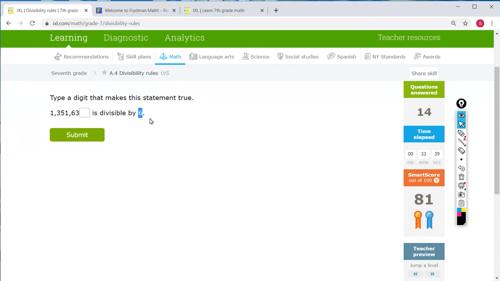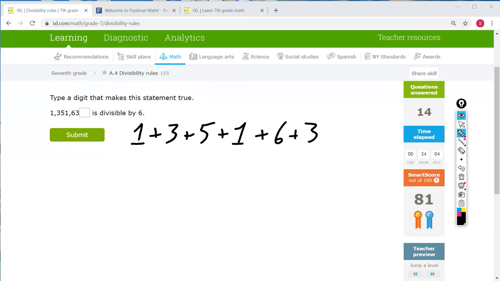divisible by 3. So what I'm going to do to start out here is add up all of the digits in this number. Let me start again. 1 plus 3 plus 5 plus 1 plus 6 plus 3 plus some mystery digit over here.